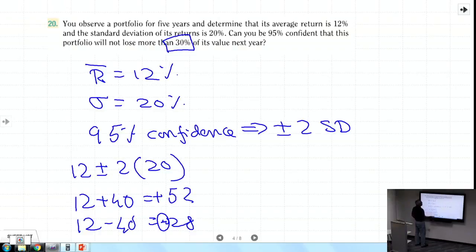Yes, I'm 95% confident that the portfolio will not lose more than 30% of the value, because the low end, second standard deviation low end, is negative 28. So that completes the problems from chapter 11.